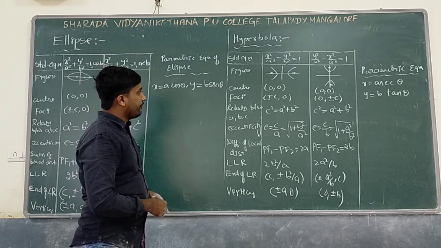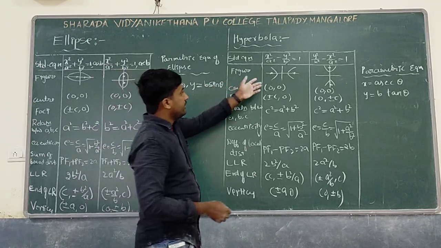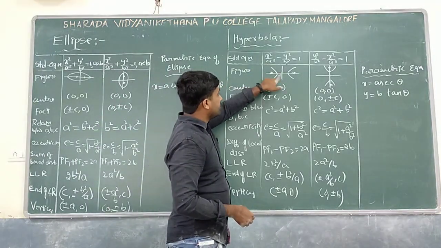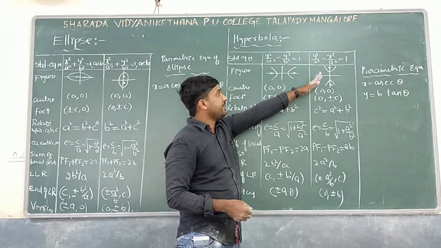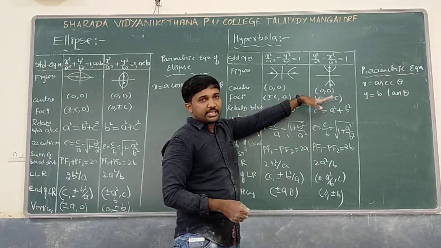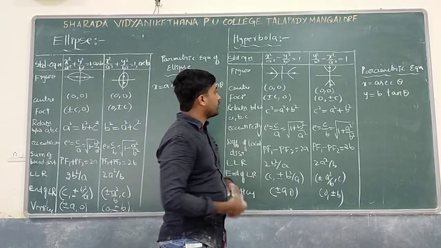Next, the geometrical figures are like this. In the first case, the foci lie on the x-axis and the hyperbola is symmetric with respect to the x-axis, and here is a hyperbola whose foci are on the y-axis and symmetric with respect to the y-axis.